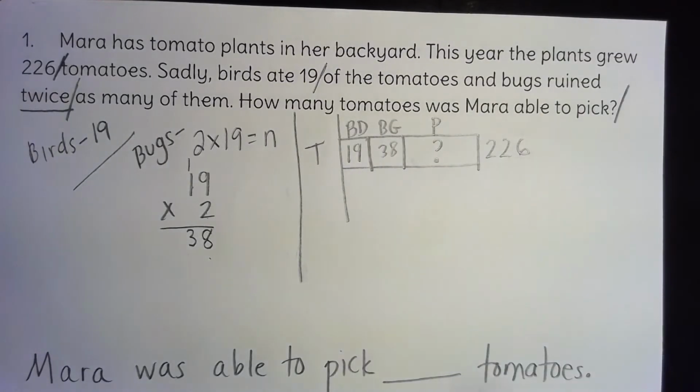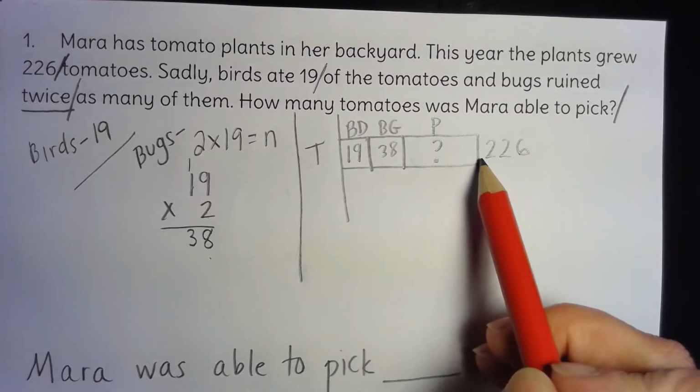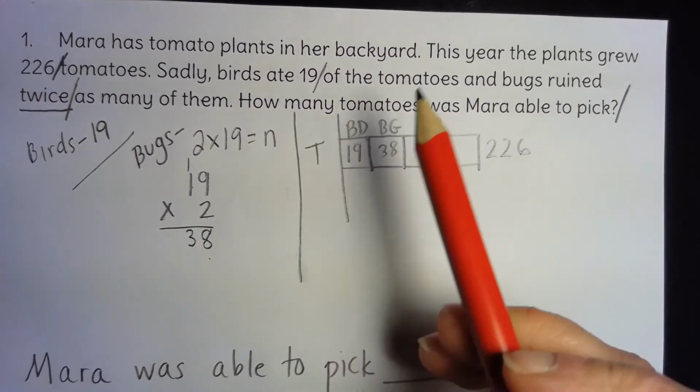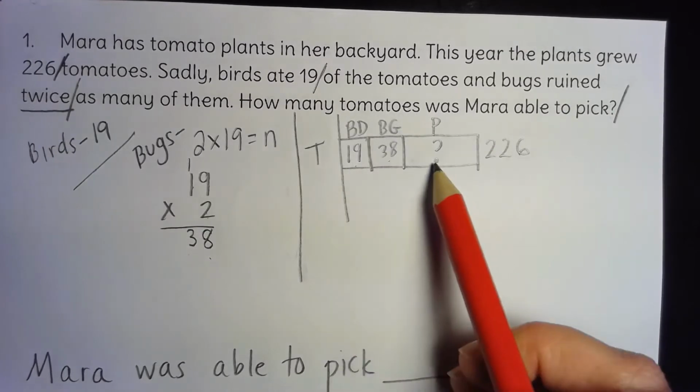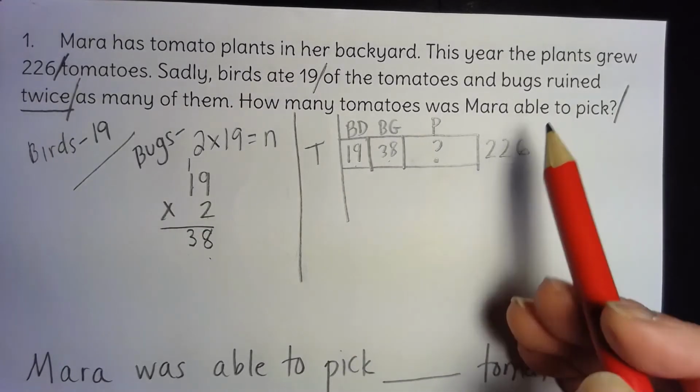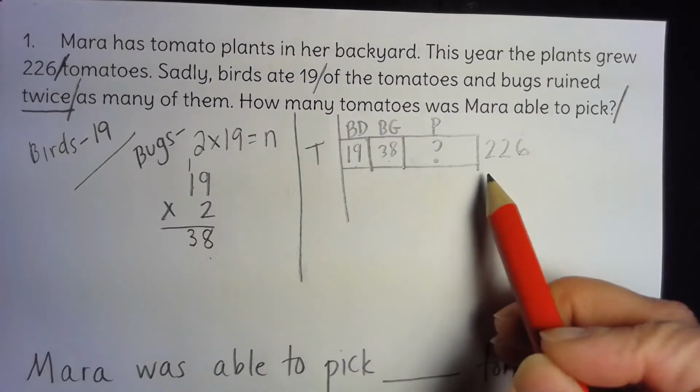That's what your bar would look like. Here's the total number of tomatoes, here's the number birds ate, here's the number bugs ruined, and the rest is what Mara could pick. So this sets itself up for a number sentence.